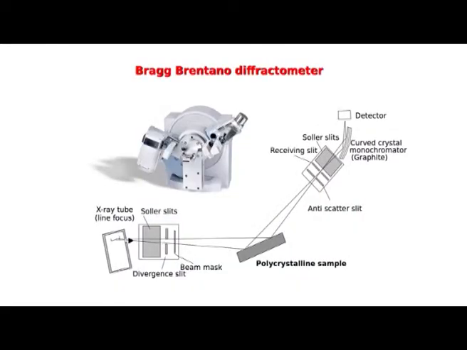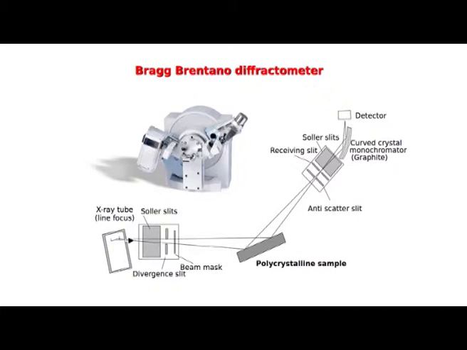But for practical purposes, there are various other geometries being proposed. The most important of them is the Bragg-Brentano geometry, and within it we have the theta-2 theta configuration. Here, in the theta-2 theta configuration, both the input radiation, which is the X-ray, and the detector which will detect the diffracted beam, rotate simultaneously.